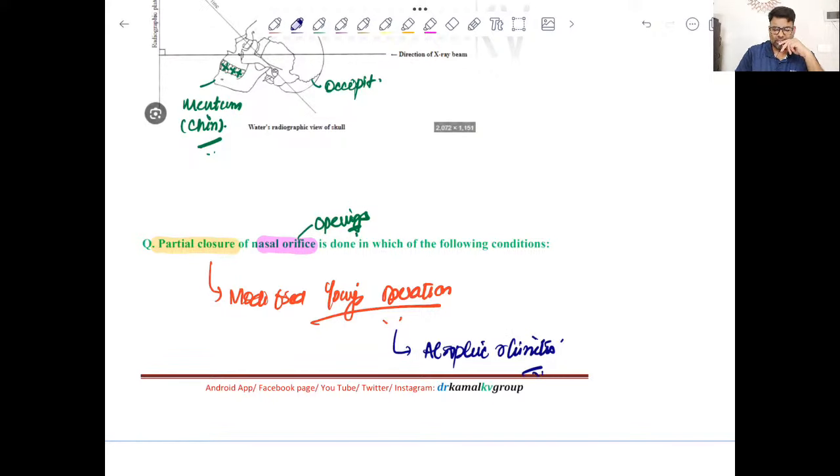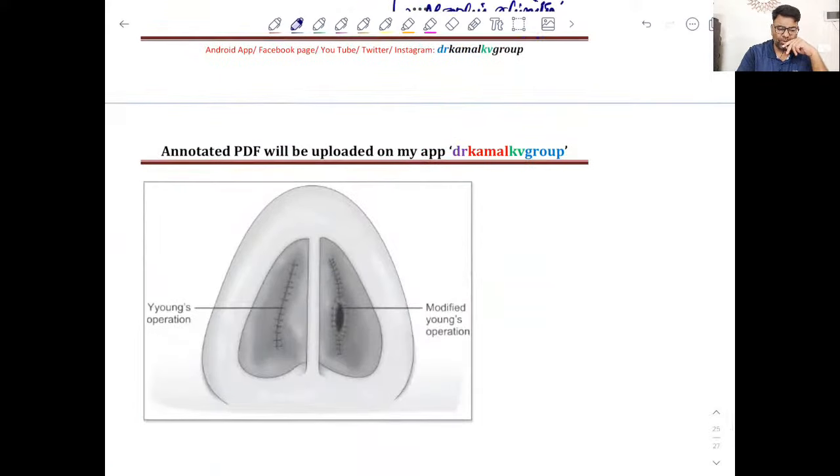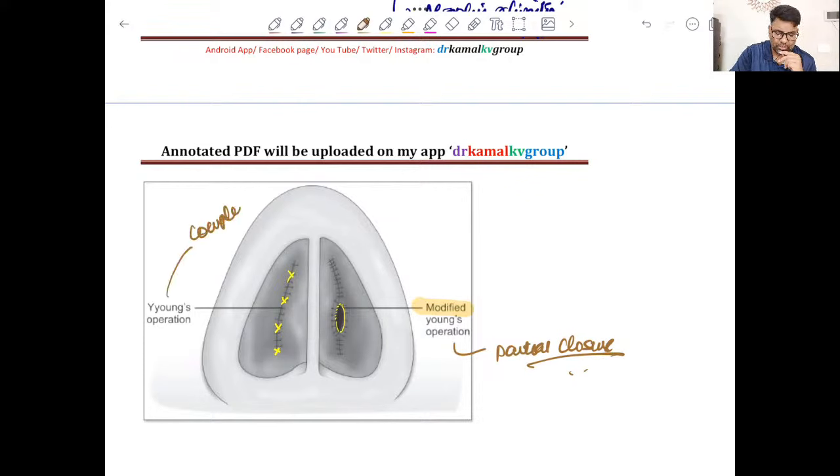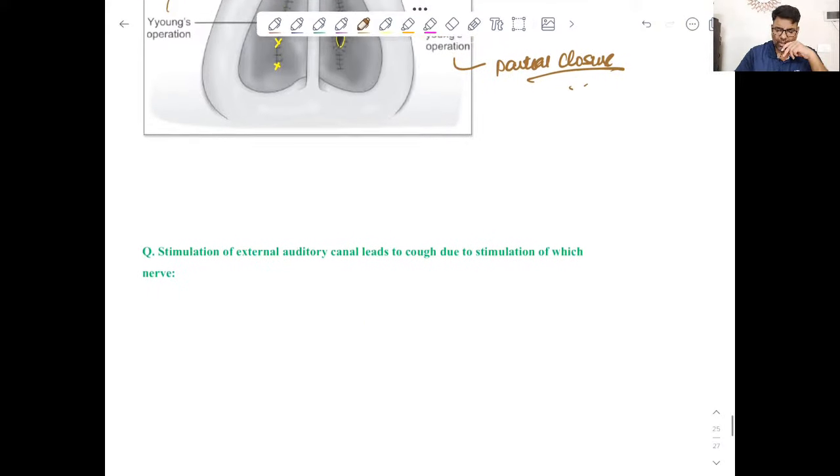You can see some opening is left behind, whereas in classical Young we obliterate the nasal opening fully, completely. So partial is modified, and this is complete closure, right? So very basic.